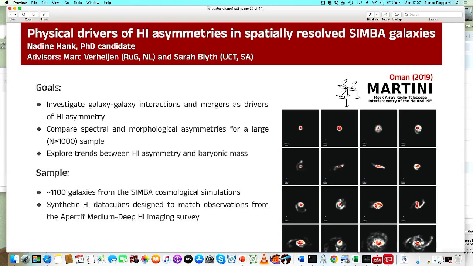So we construct more than 1,000 mock HI data cubes and extract their global profiles and their moment maps to calculate spectral and morphological asymmetries. And we also design these data cubes to match the Apertif Medium-Deep HI survey.